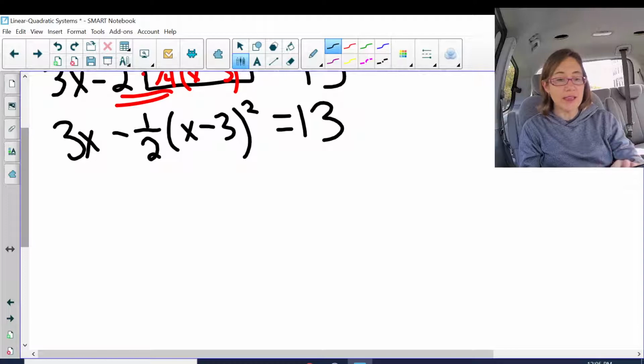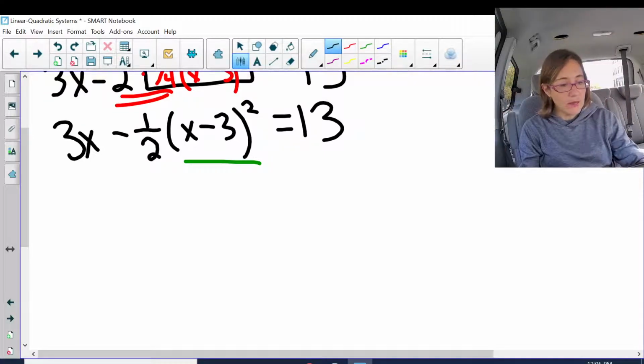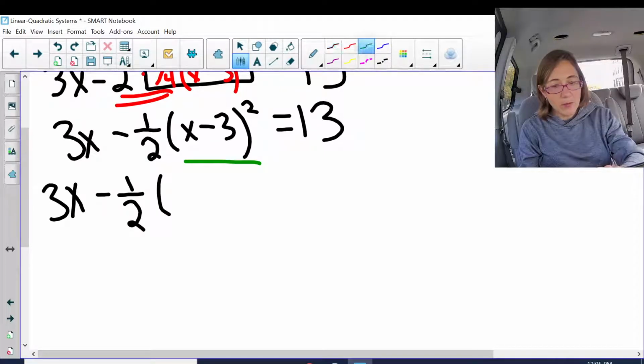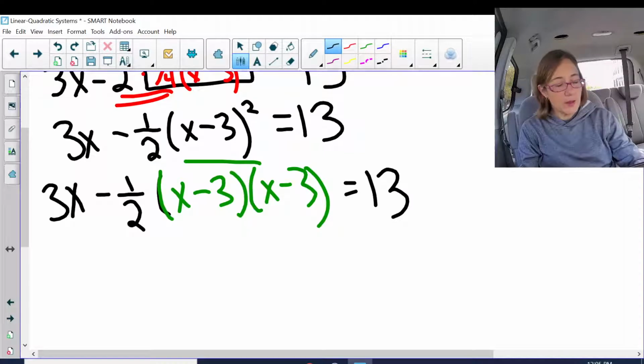So I have parentheses, so that draws my I right here. That x minus 3 quantity squared means I need to take x minus 3 times another x minus 3. That binomial is times itself. So that's what we'll work on next. Minus 1/2 times, we'll do this in green. So x minus 3 is going to get multiplied by another x minus 3, and that's equal to 13.